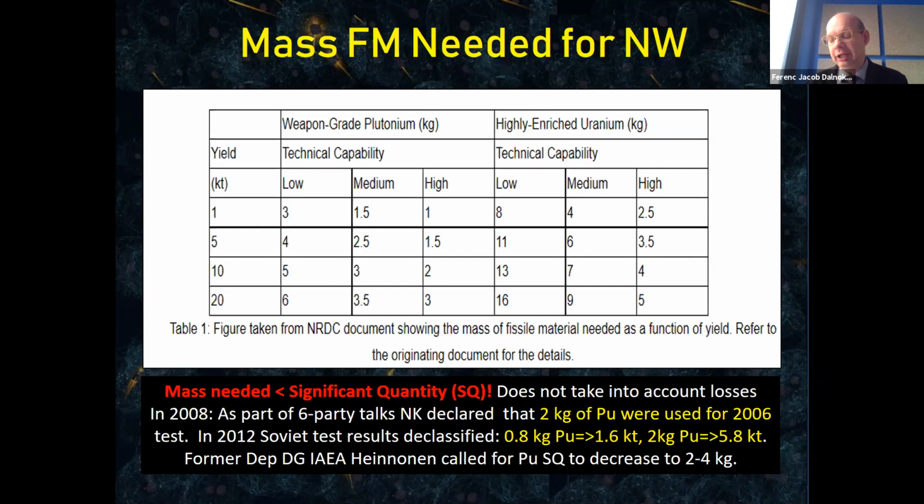You want to make sure that whoever owns that reactor doesn't take that fuel out and do a process called reprocessing, where they separate the plutonium from the spent fuel.